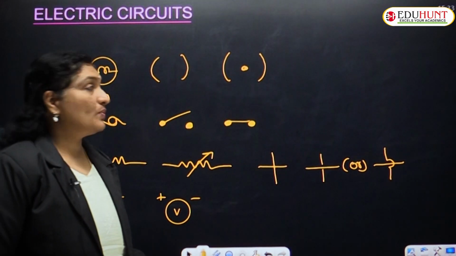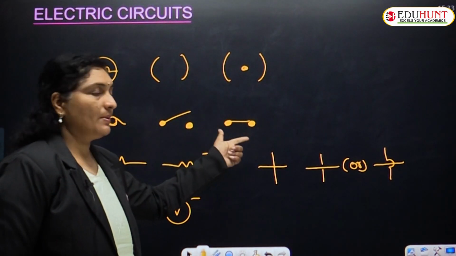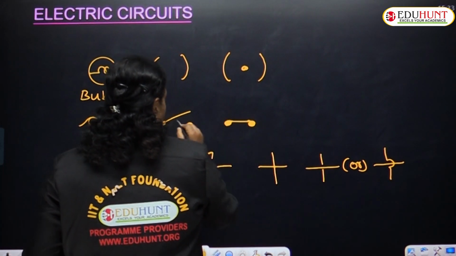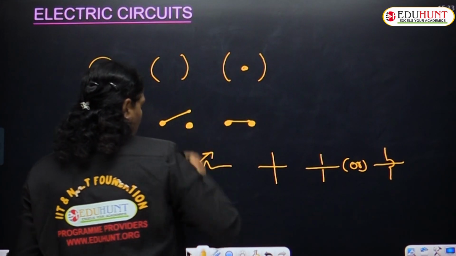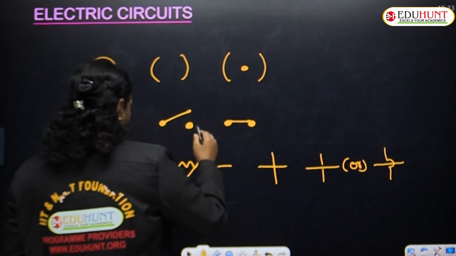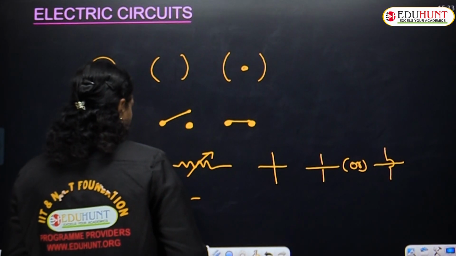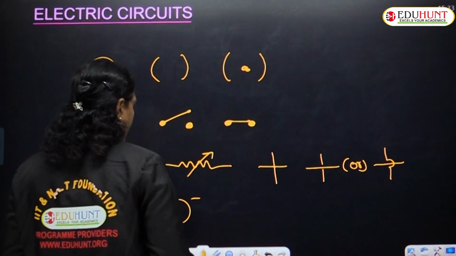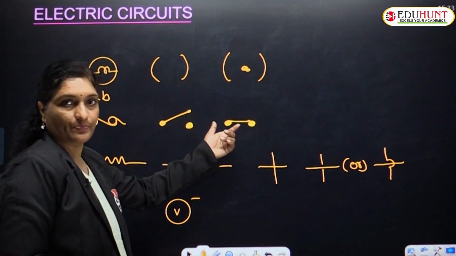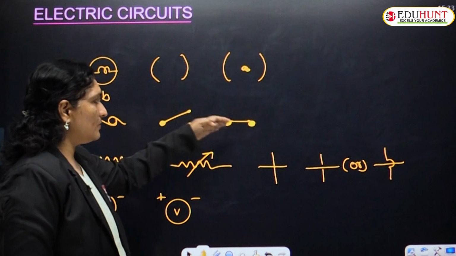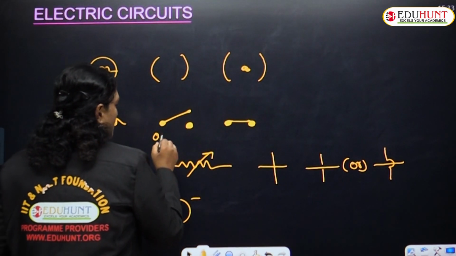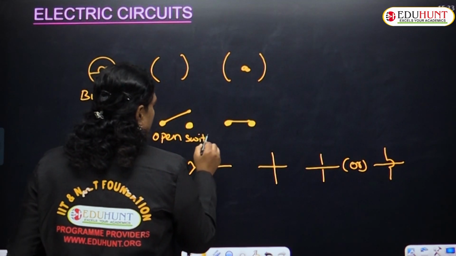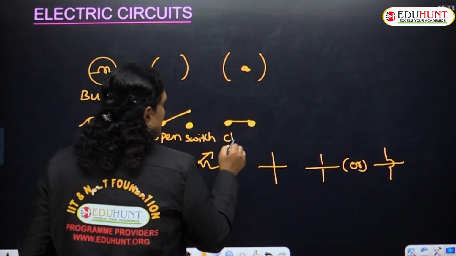The switch may be closed and the switch may be open. Whenever the switch is closed, the symbol is something like this, and whenever the switch is open, it is drawn like this. So this is the plug key when it is closed and the plug key when it is open. This is all about your switch: open switch, closed switch.